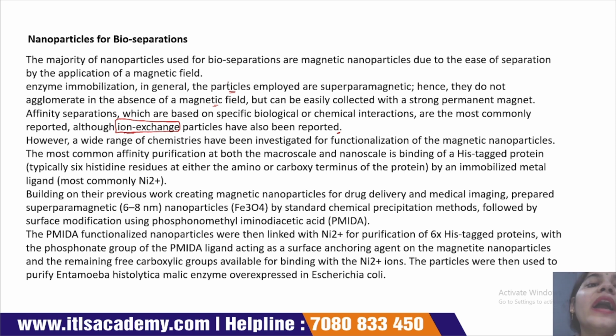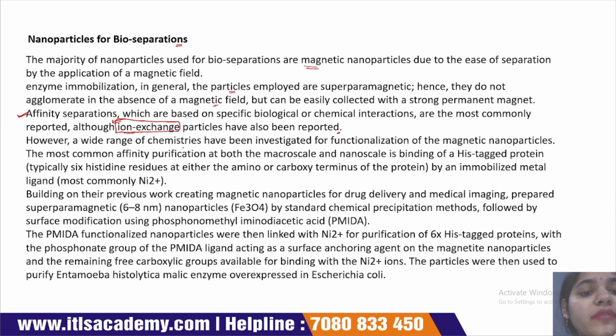Okay, for biological separation, basically we use magnetic nanoparticles. If we perform affinity separation, then we use affinity chromatography as well as ion exchange chromatography.